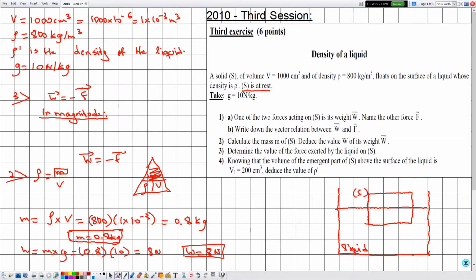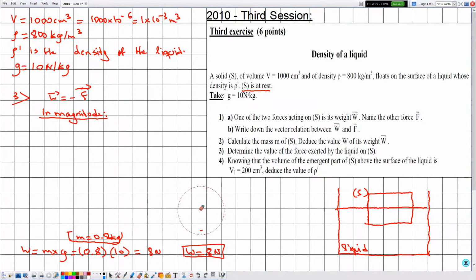So in magnitude, here we drop down the vector and remove the minus sign, but we know that the value of W is given by 8 newtons. Then the value of F is given by 8 newtons. So F is equal to 8 newtons.